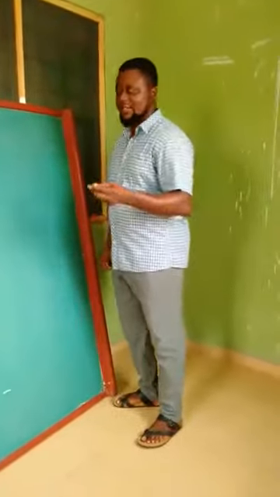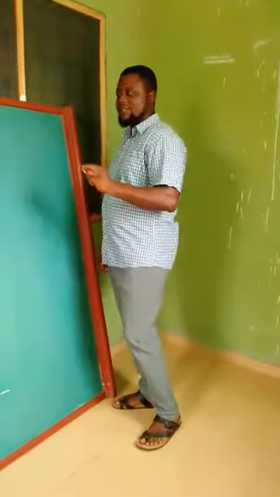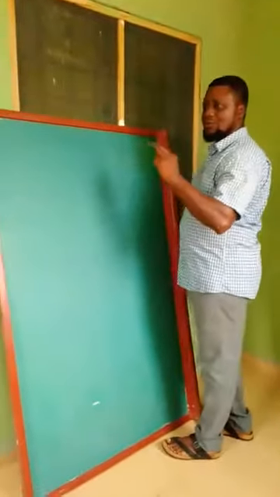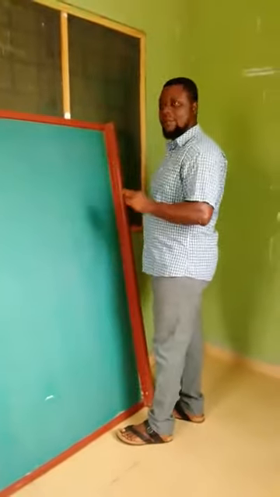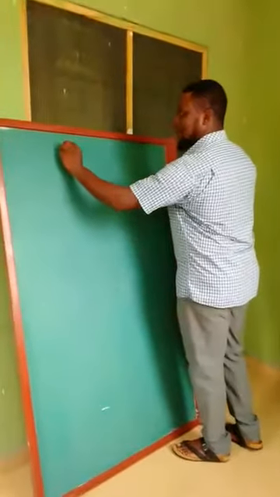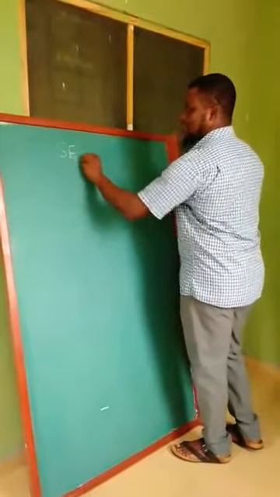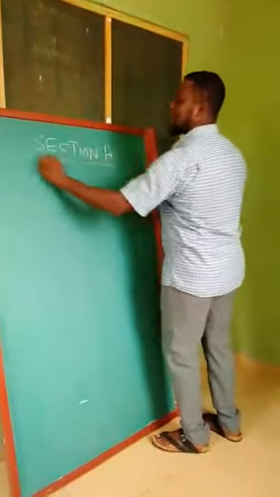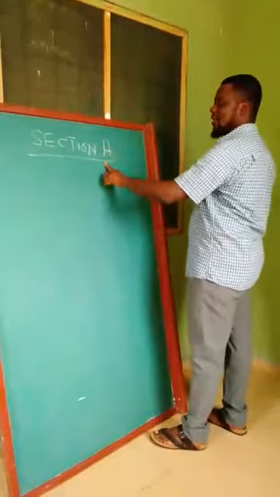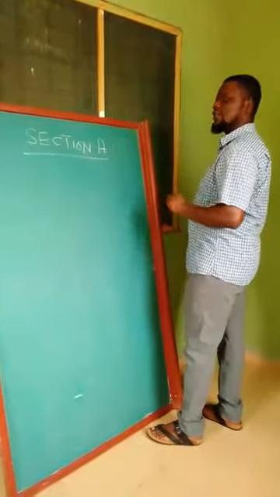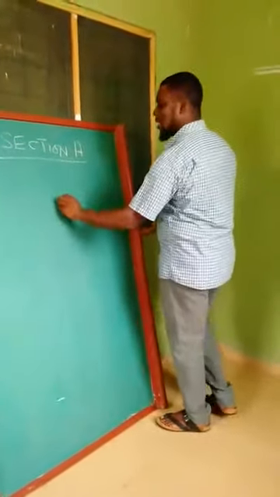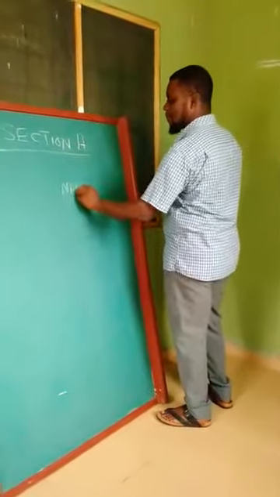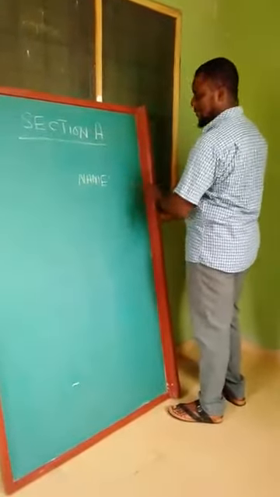Since we have objective questions, I'd like to have it done in this format. As they are typing for me, they write Section A, underline nicely. But before then, you have to make sure they write their names. So the name should be written as they type.